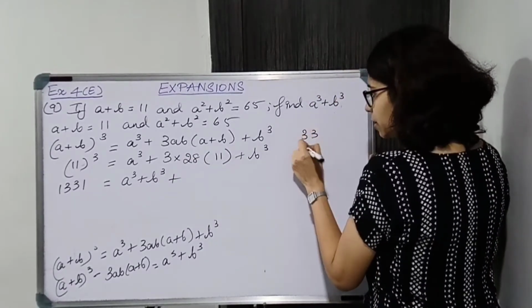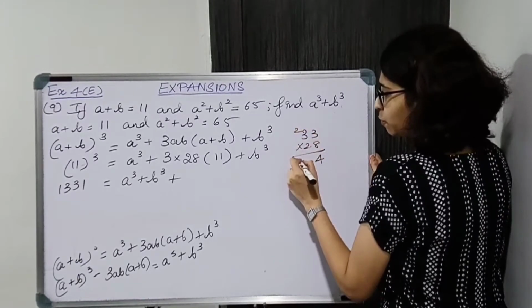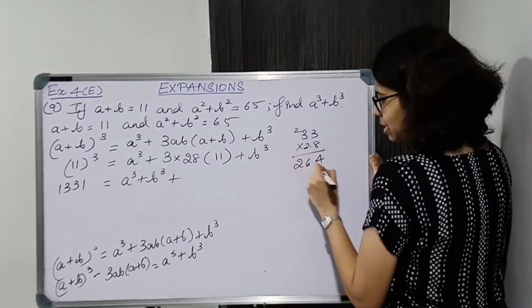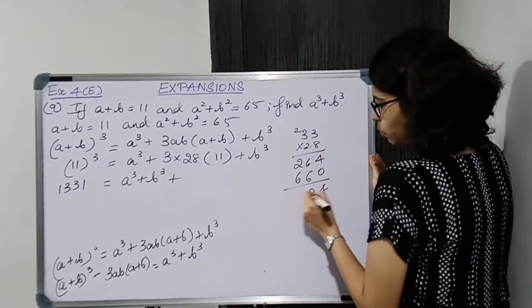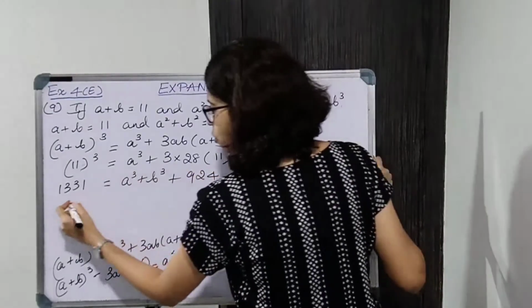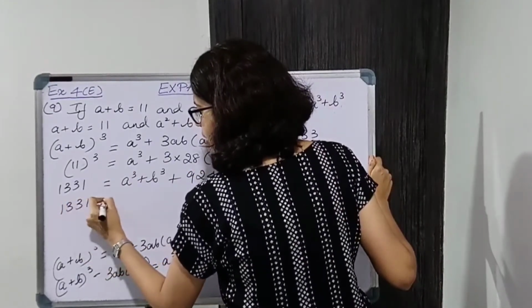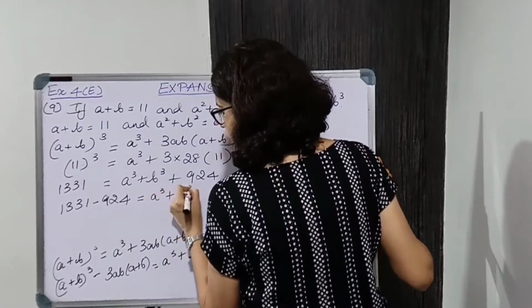So 33 into 28, 8 3s are 24, 25, 26. Okay, 2 3s are 6. So this will give you 924. We'll shift this on the other side. 1331 minus 924 is equal to a cube plus b cube.